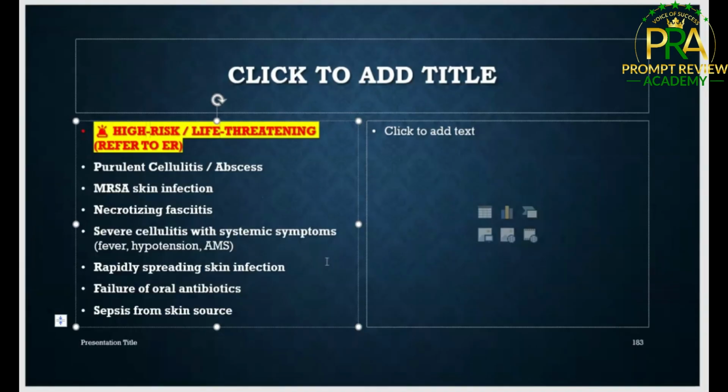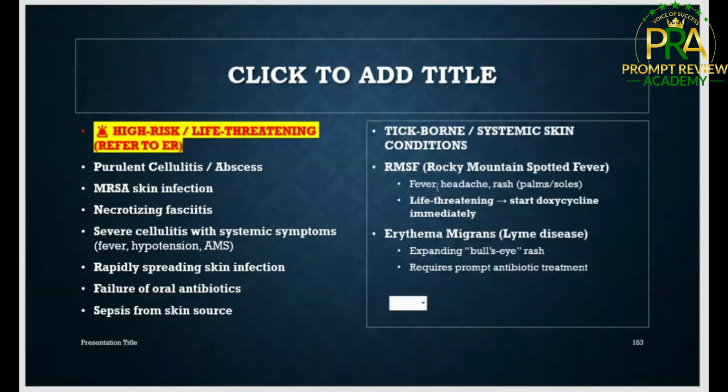It can also be tick bites. Examples of those tick bites we mentioned: Rocky Mountain spotted fever, erythema migrans. Any of these conditions where you are thinking something is life threatening. They may have a rapid progression. They may have a failure of outpatient treatment.